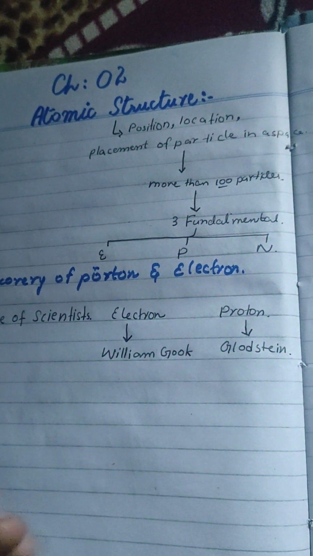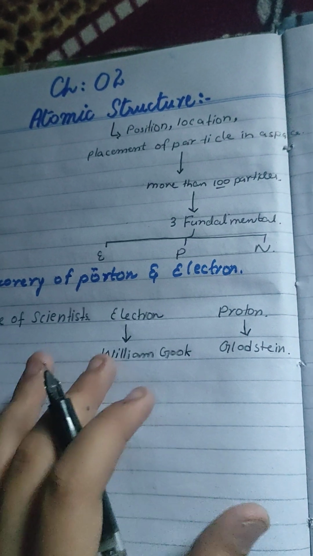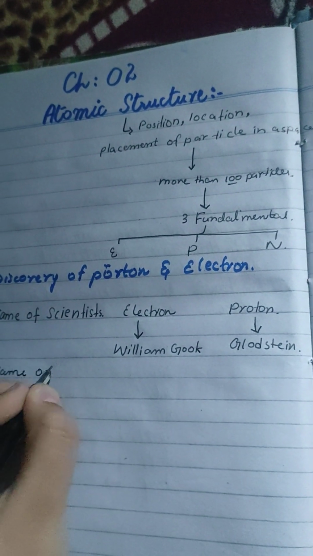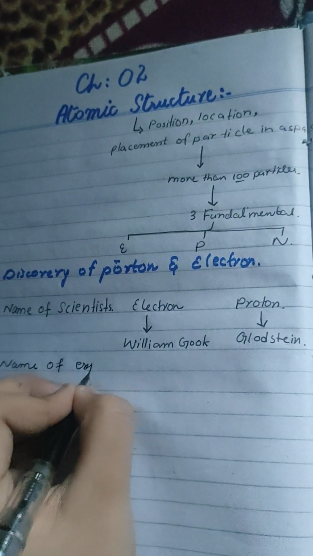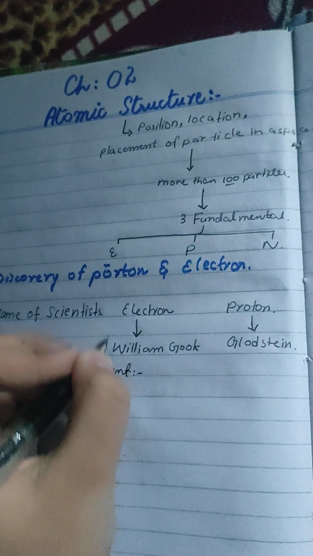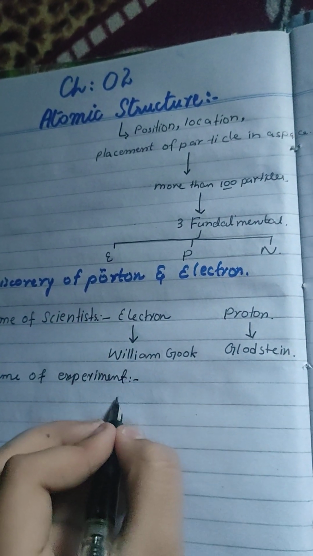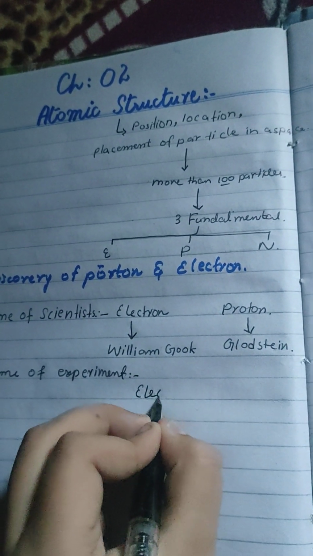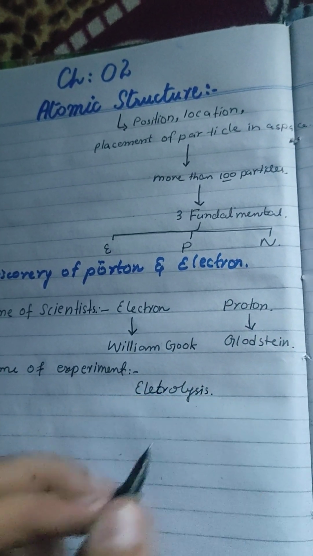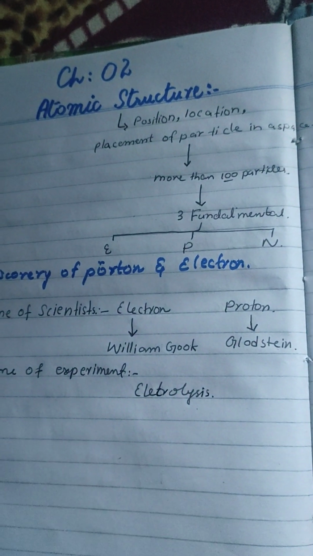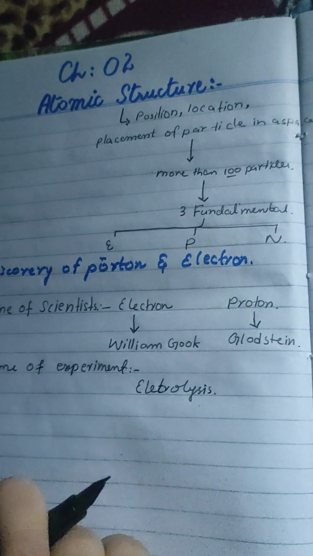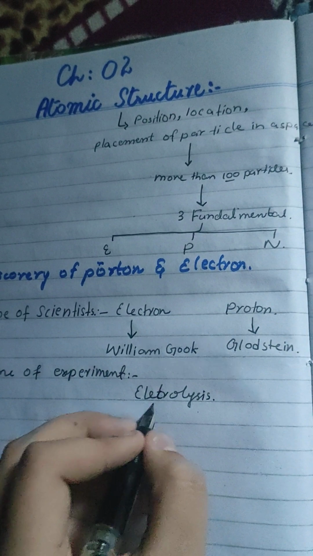Now, which experiment did they work on? Now here, the name of the experiment. The name of the experiment was basically electrolysis. So what does electrolysis mean? This means the passing of current through low pressure gas in a discharge tube.